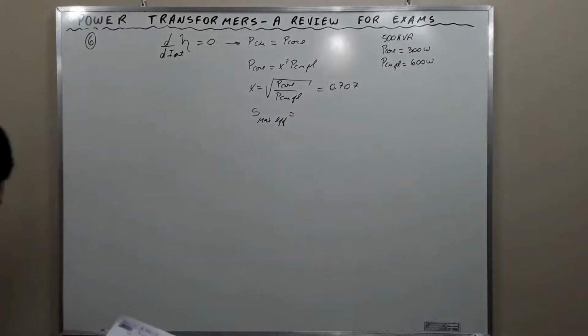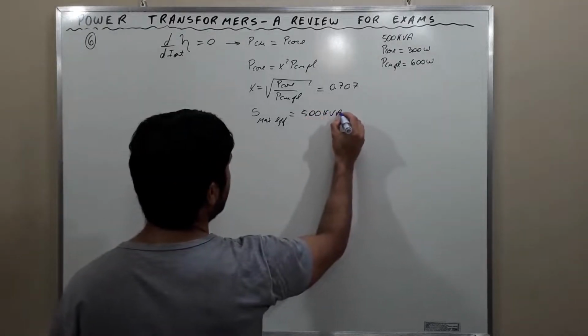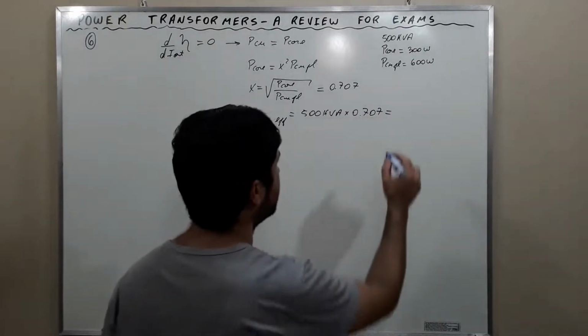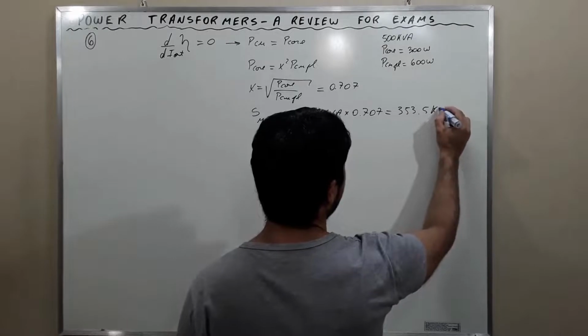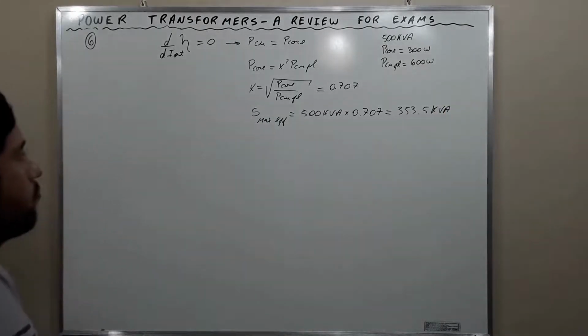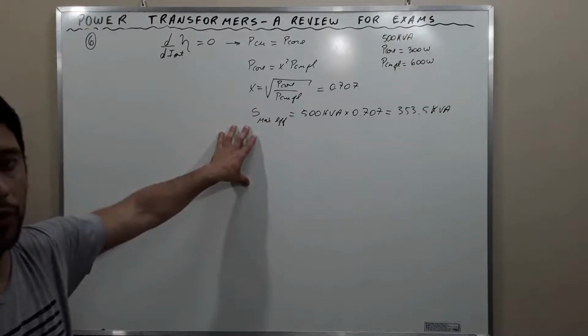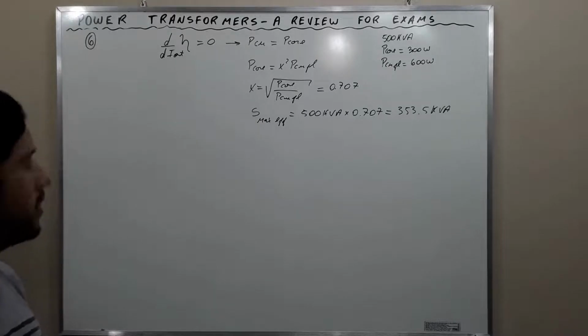The level of load that may be connected at the output terminals of the transformer for maximum efficiency is going to be 500 kVA times 0.707, which is 353.5 kVA. My friends, this is the level of load that, if connected to the output terminals of the transformer, will enable maximum efficiency of this machine. This is all for exercise 6.